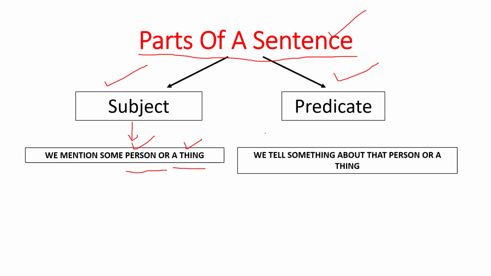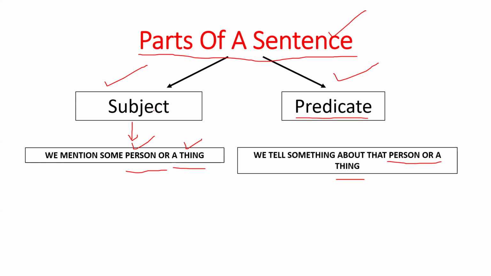And then when we tell something about that person or a thing, that information gives us the second part, that is the predicate.